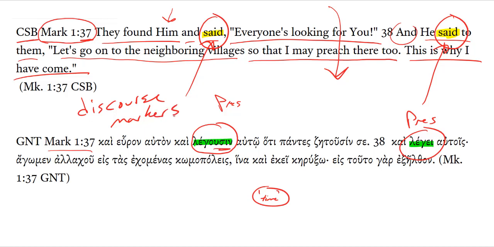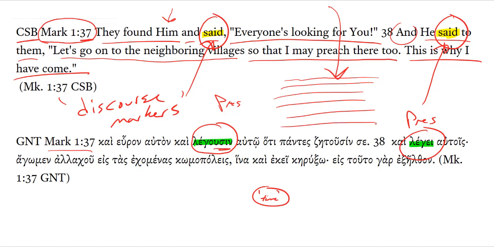In other words, how the text is chunked up, how it's paragraphed. Because remember, the ancient way of writing, you had no spaces between words, everything was capital letters, no punctuation. So varying tenses was sometimes a way of communicating the beginning of a new section, the beginning of a new paragraph, and that's especially true with the present tense and historical narrative.